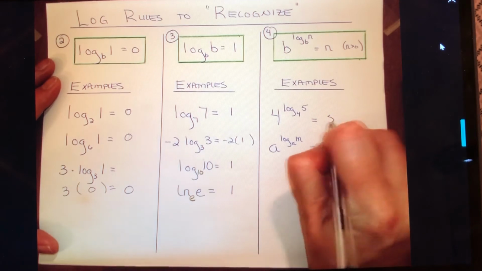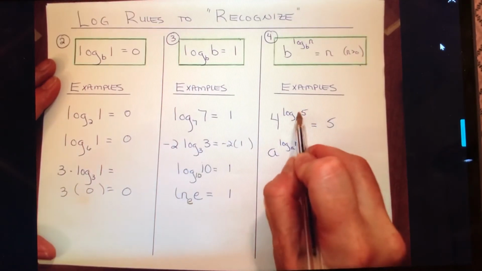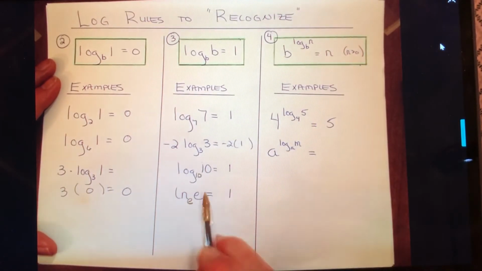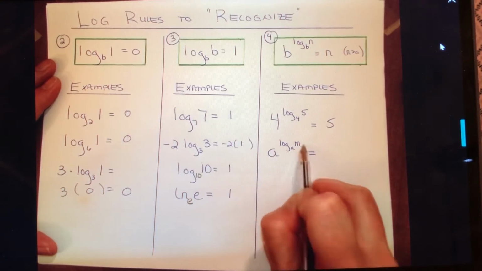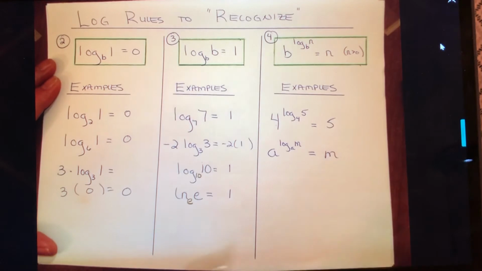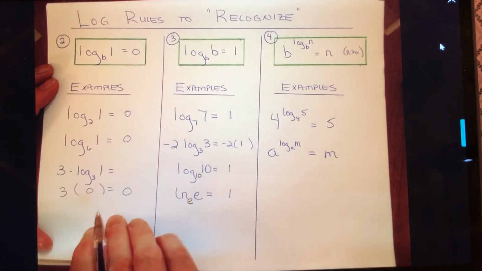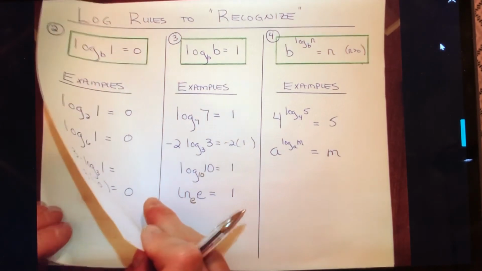That answer is just 5. Again, whatever's sitting there in the argument of that log, that becomes your answer. So this one, the a's match. I've got an m sitting there, so pretty clean. Okay, so again, these 3 log rules, there's not a lot of manipulation there. You just need to recognize them and use them to simplify when they show up, all right?